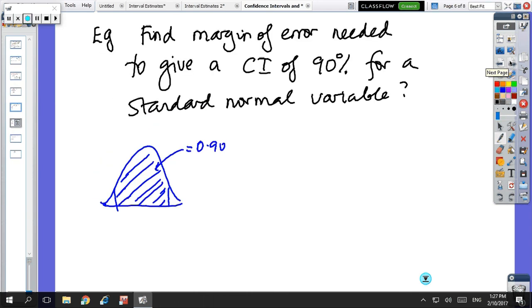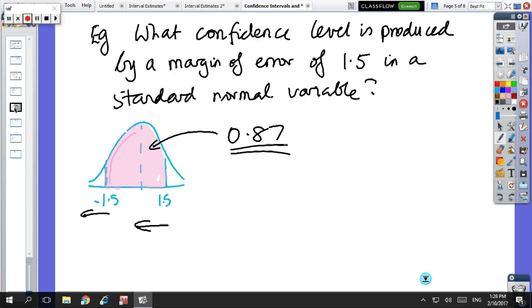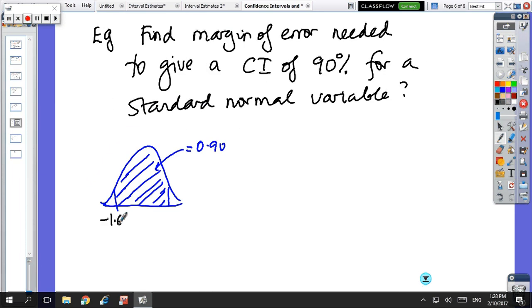Okay, so find the margin of error needed to give us a confidence interval of 90%. Again, for 90%, from those previous values, we've got 1.645. So that's going to be minus 1.645 and positive 1.645 to the middle.